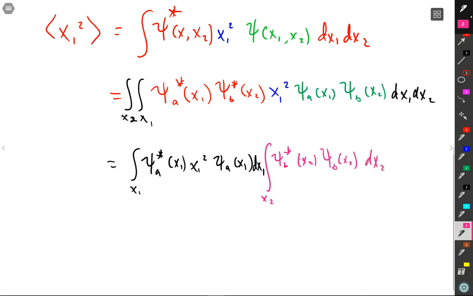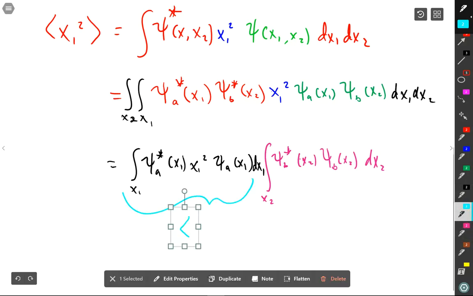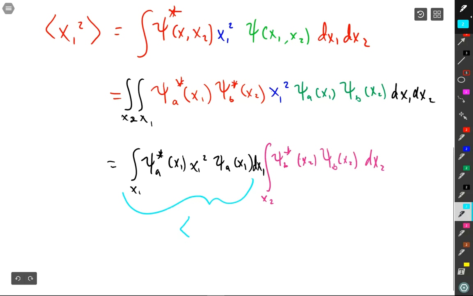Now, x1 and x2 are only important in that they're saying for particle 1 and for particle 2. So at this point, this here has the value of expectation value of x squared, and then I put a subscript a because that was in state A. And this one here is just 1 by the definition of normalization.